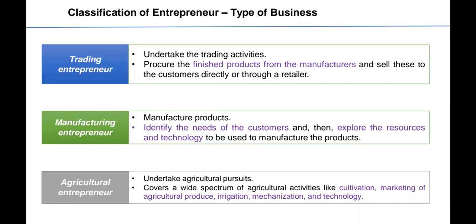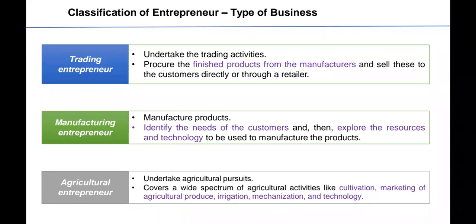They buy finished goods from different manufacturers and either sell directly to retailers or to distributors. Entrepreneurs involved in buying and selling of goods are called trading entrepreneurs.